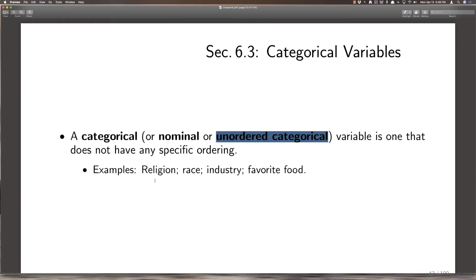If I have all the major religions in the U.S. in, say, a survey, there's no this religion gets a 1, this religion gets a 2. It's just a convenience. It's not an actual order. Same thing for race, same thing for different industries that companies could be in, same thing for different foods. Eye color is the same way. There's no real order to them. So that's an unordered categorical variable.